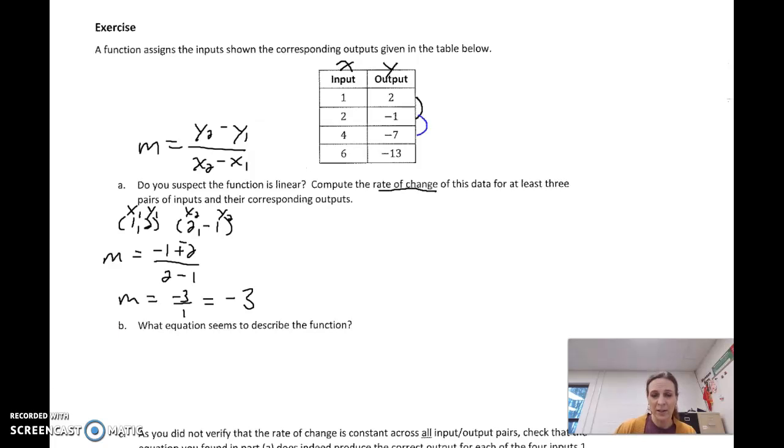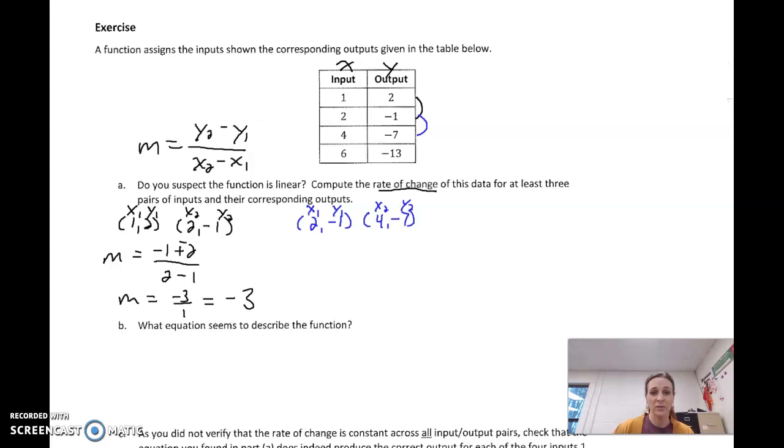Let's do the next 2 points here: (2, -1) and (4, -7). That's x sub 1, y sub 1, x sub 2, y sub 2.